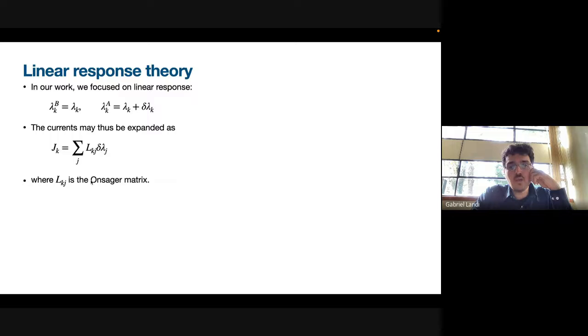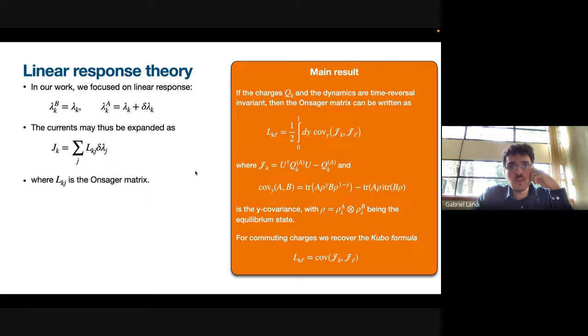And these L_KJ will be the Onsager matrix. Now, here's the first main result that I wanted to present. The result is that we find a way of computing the Onsager matrix, which takes into account the fact that the charges don't commute. It is given by this formula, which depends on a special object called the Y covariance.